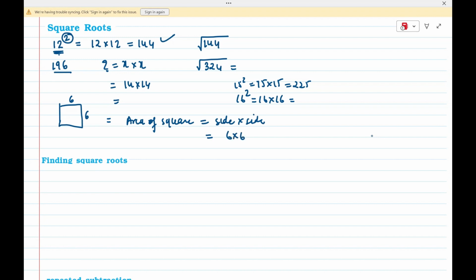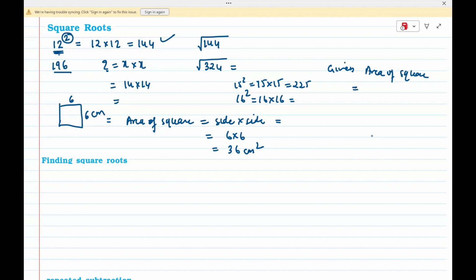So 6 into 6 will give you 36. If this is in centimeter, the area will be centimeter square. Now, assume the reverse situation. Suppose they have given the area of the square.